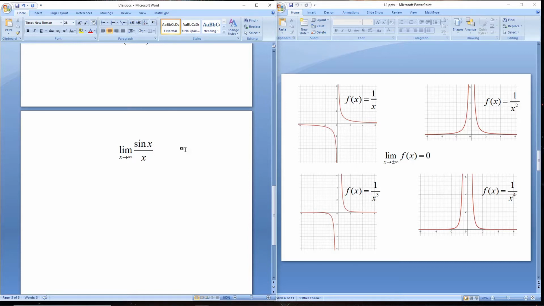And what happens to sine as x goes to infinity? Well, it oscillates forever. In other words, it doesn't converge to any value. Sine is going to be bouncing around between -1 and 1 forever and ever as x goes to infinity. It's going to bounce and bounce between that. It's never going to converge to a single value.